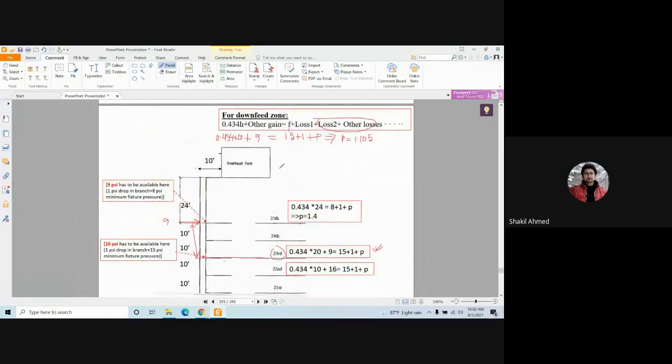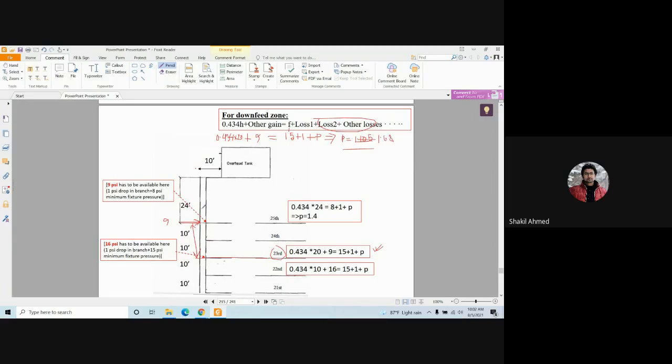Here. Did everyone get this value? Did everyone get this value? So 1.68. Yes sir, 1.68. So this is 1.68.